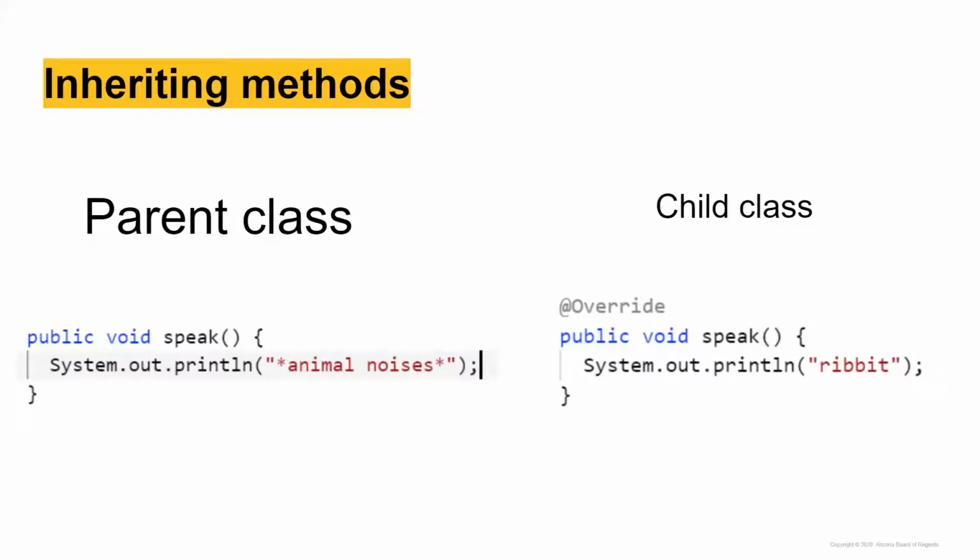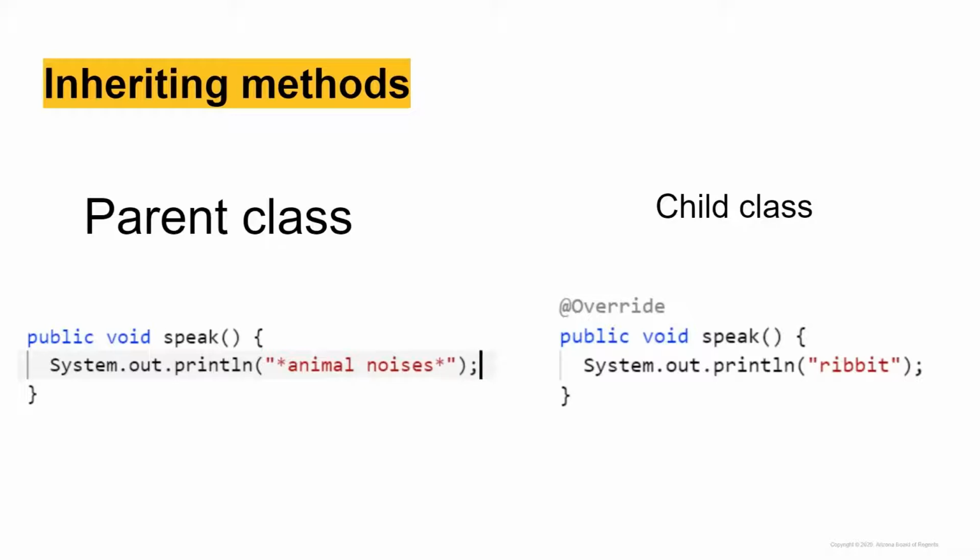So, for example, a parent class, just adding on to our animal class, right? I've made a method in the animal class called public void, because it's not returning anything. And then the method's called speak. So this is just going to print out animal noises.